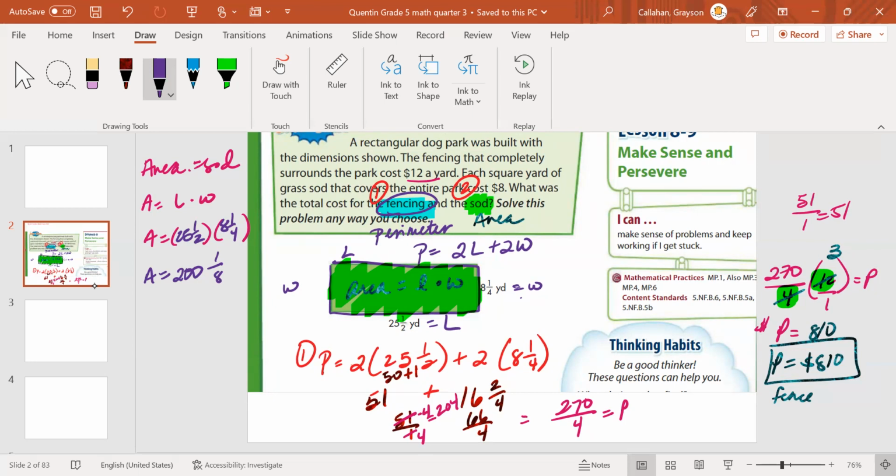Actually, I don't like the way that's multiplied. I like to move everything from a mixed number to an improper fraction. 25 times 2 is 50, plus 1, 51/2. 8 times 4 is 32, plus 1, 33/4. So then if I go ahead and multiply this, 51 times 33 is going to give me 1683/8.